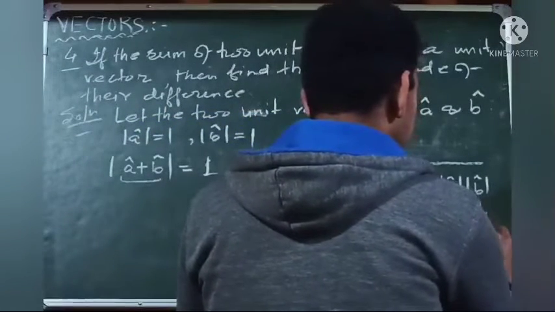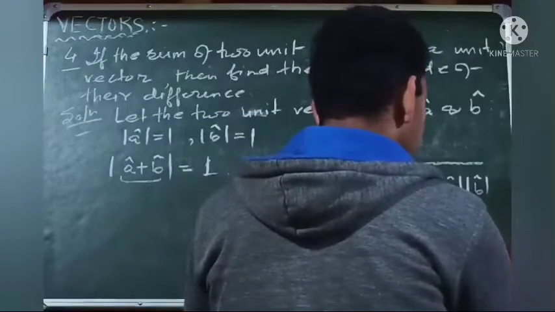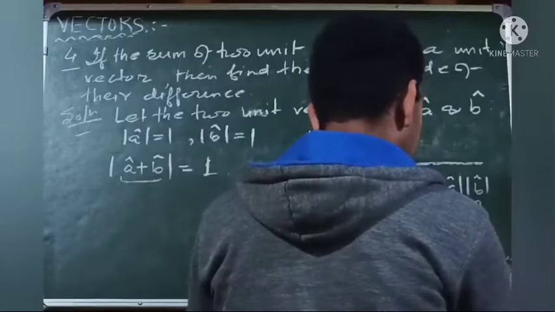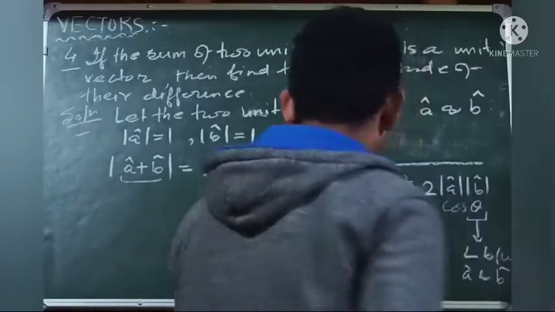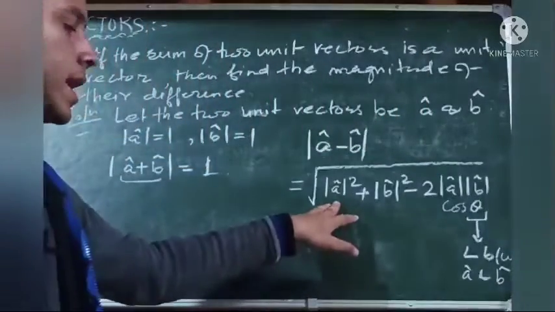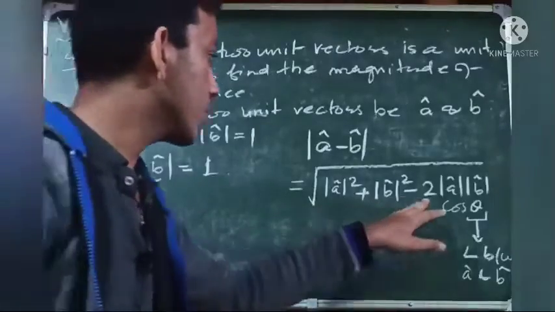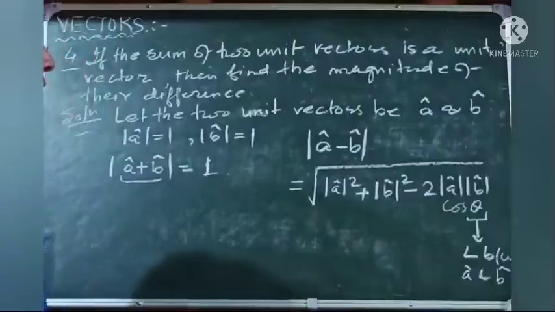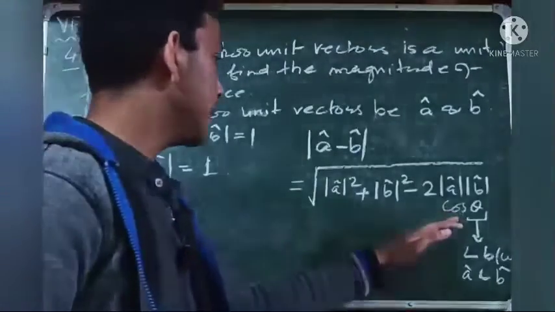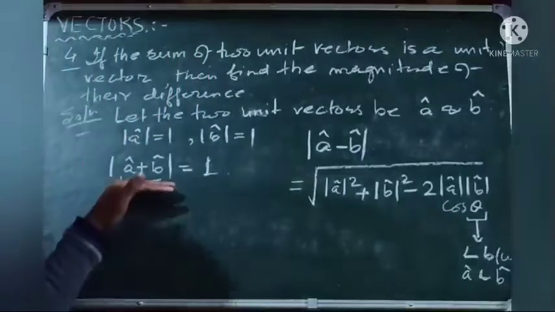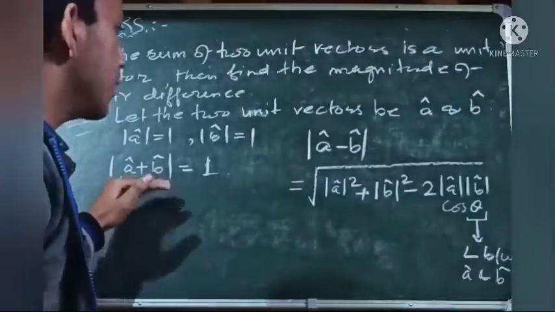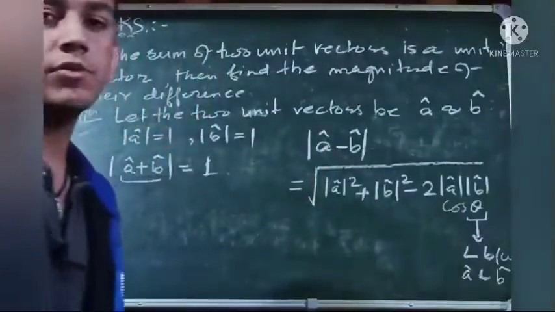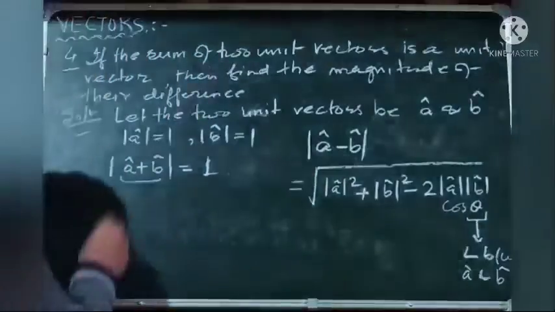Now, we know magnitude of a cap is 1, magnitude of b cap is 1. The only unknown thing is theta. That means we have to find the value of theta from this given statement, so that we can use the value of theta to find the value of magnitude of a cap minus b cap.